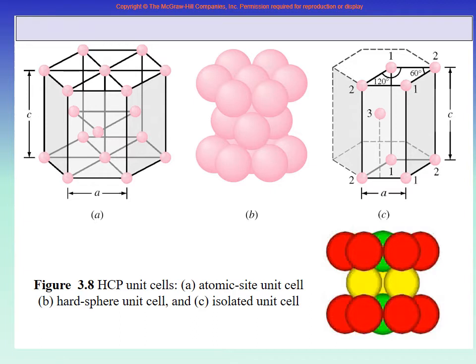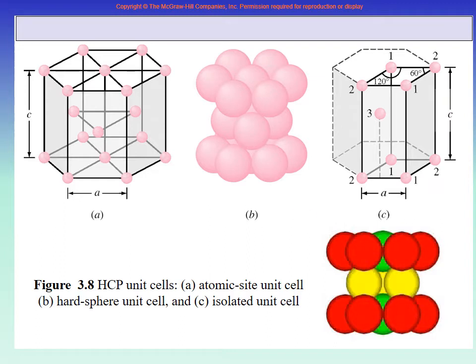To do some calculations, it is sometimes easy not to look at everything, to make one prism out of it, this rectangular prism, right? So now one side of the hexagon is a, and hexagon means all sides are a, and the height is c.